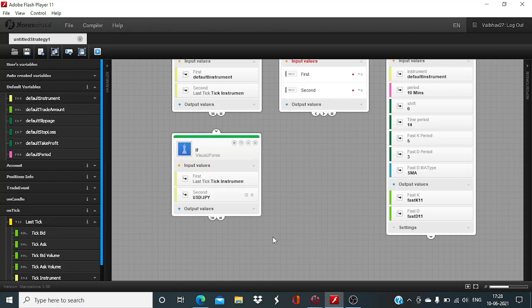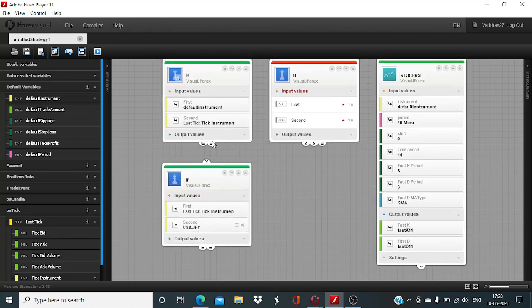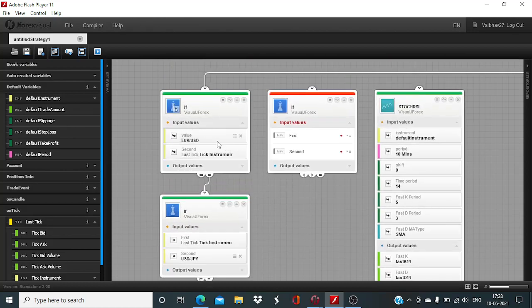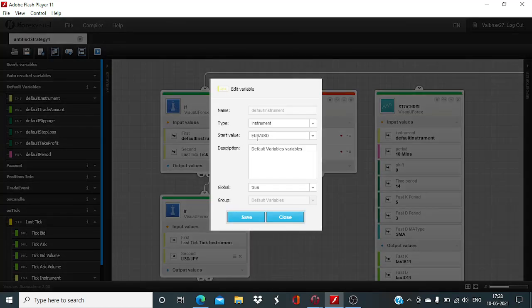Here it is. Okay, done. The default instrument also needs to be changed to USD JPY.